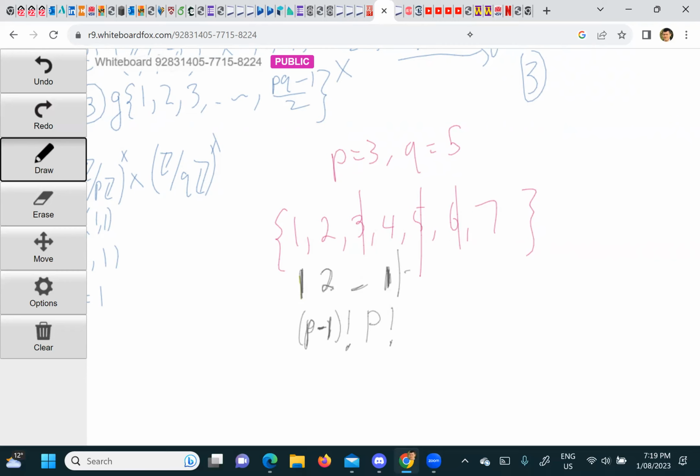What about the 7? Wait, did I miss the 7? What's going on here? I'm pretty sure you just ignore the q cover now. Do you count 5 when you're doing 3 or not? Oh, no, the 5 is deleted.